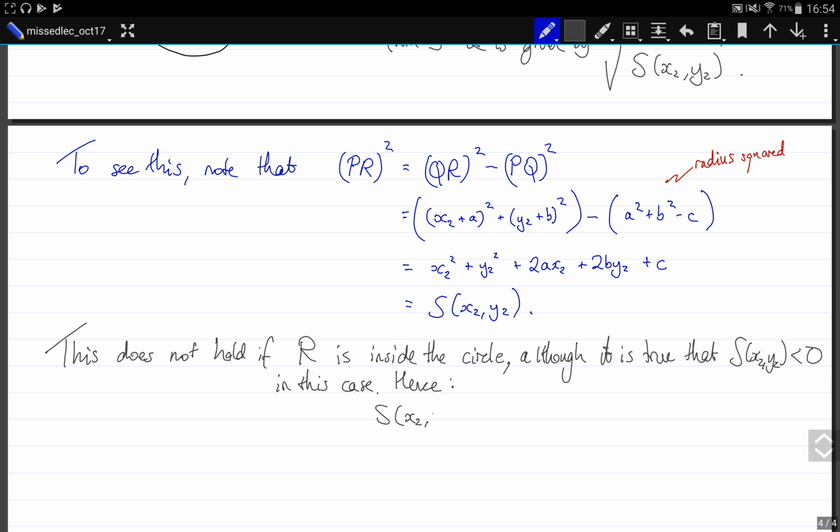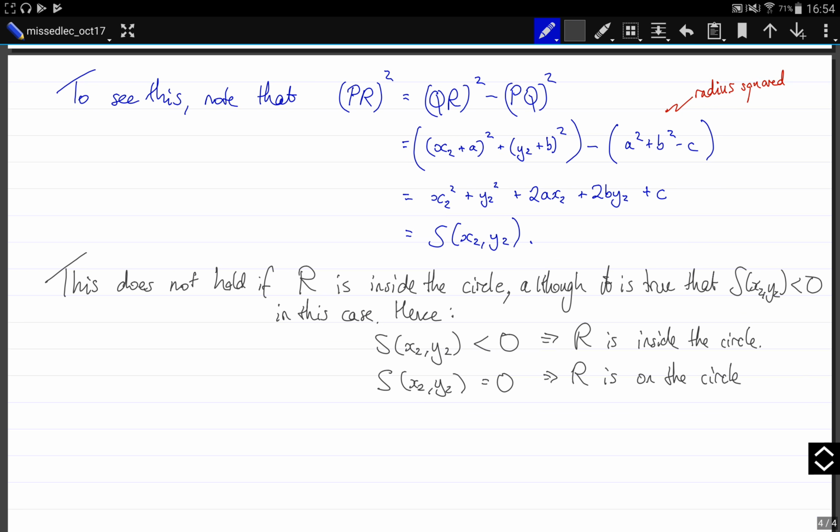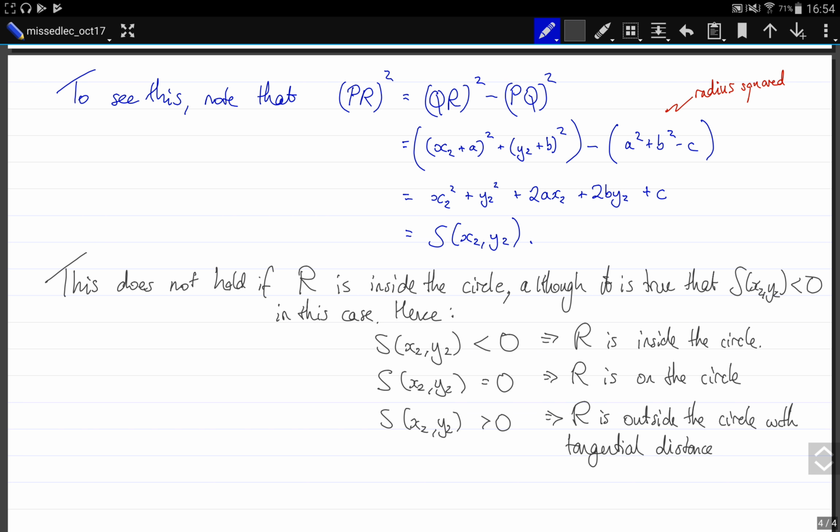So, choose a point, choose a circle: S of x2, y2 less than 0, r is inside the circle; S of x2, y2 equals 0, r is on the perimeter of the circle; and if S of x2, y2 is positive, r is outside the circle S, with tangential distance square root of S of x2, y2.